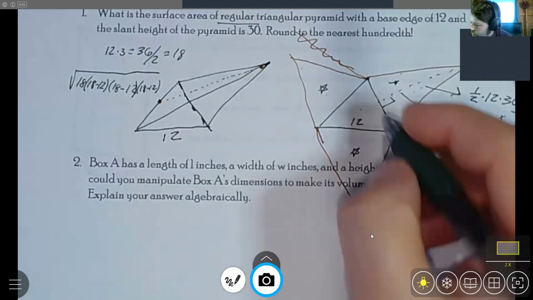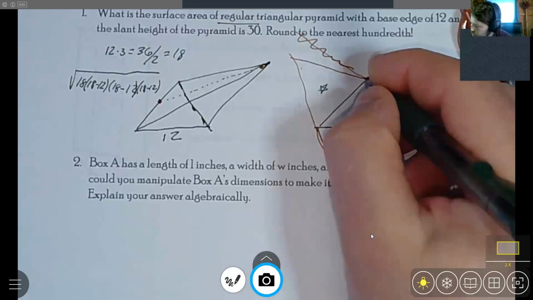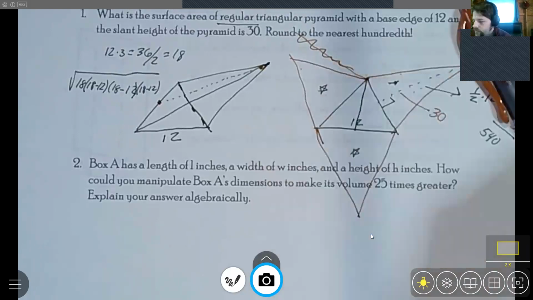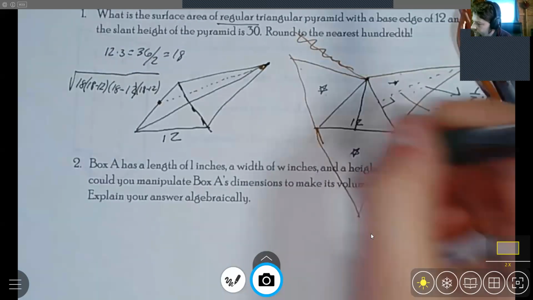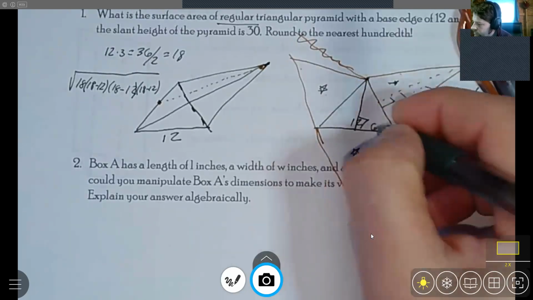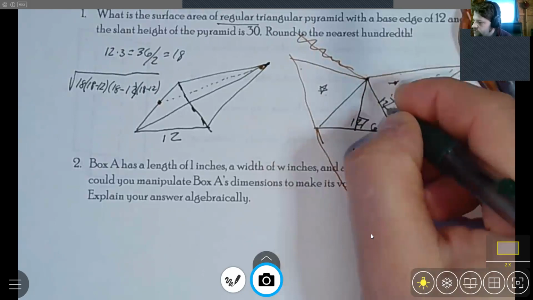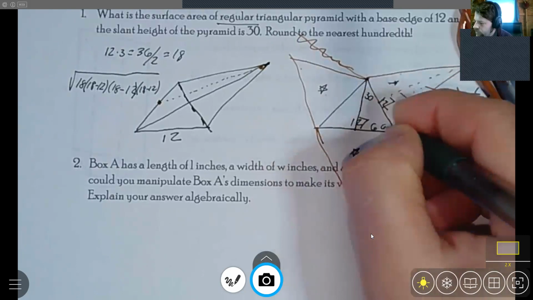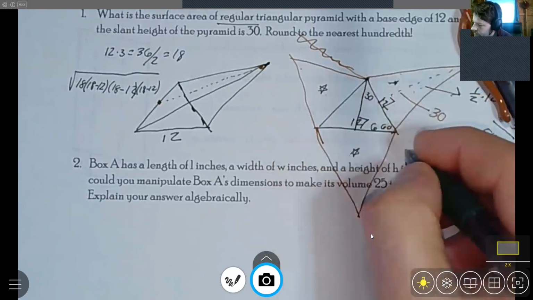Or you can use the isosceles coincidence theorem, and you can drop the altitude of your equilateral triangle, which is isosceles, and it's going to split the base in half, and you know this is 12. And so what you get is a 30-60-90 right triangle. And you can use the Pythagorean theorem.